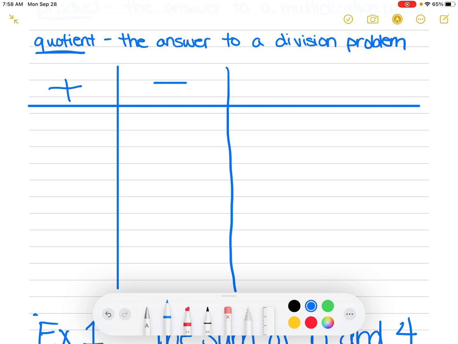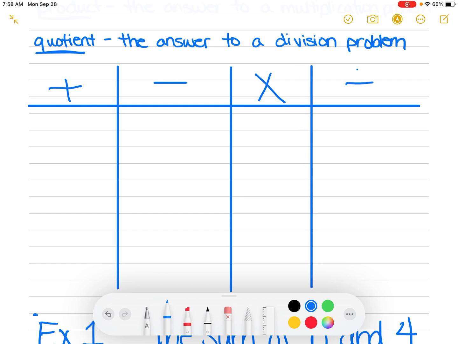So we have addition, subtraction, multiplication, and division. So we're just going to make a little table here that has different words for each one. So if I said the word times, where would we put that? You would say it's right here with multiplication, right?